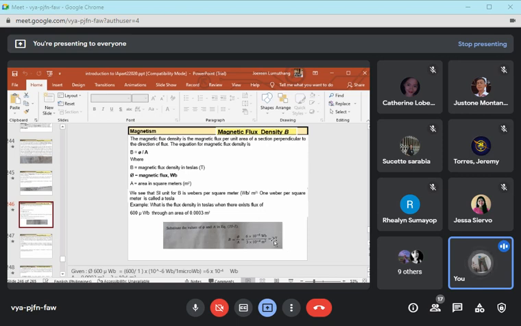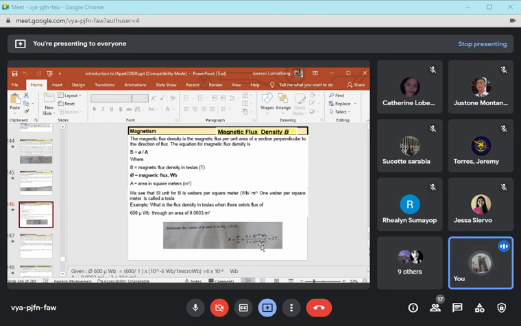Why is it just 6? That is because micro, we just included the two zeros. So instead of negative 6, we included the two zeros for the conversion. So that's why it's Weber.